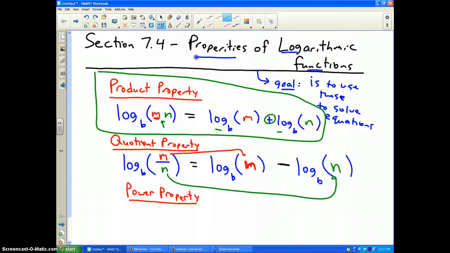That guy right there. That's the quotient property.